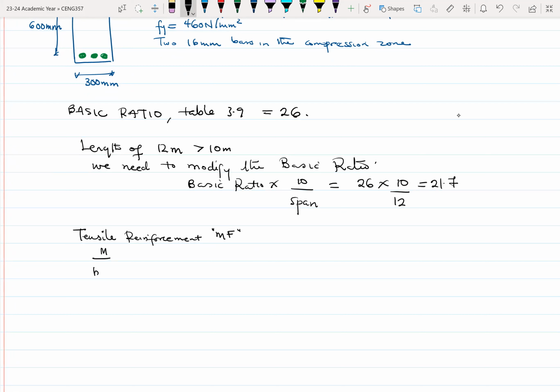So M over bd squared will give us, our M was 400 times 10 exponent 6, our b is 300, our d is given as 600, so 600 squared, we get 3.7. All right. So let me bring in a table similar to what we had earlier. It's the same table, just that this one uses Fy of 460. The previous table didn't have that, but this one has, so I can use it for my computations, just so that everything makes sense to us.